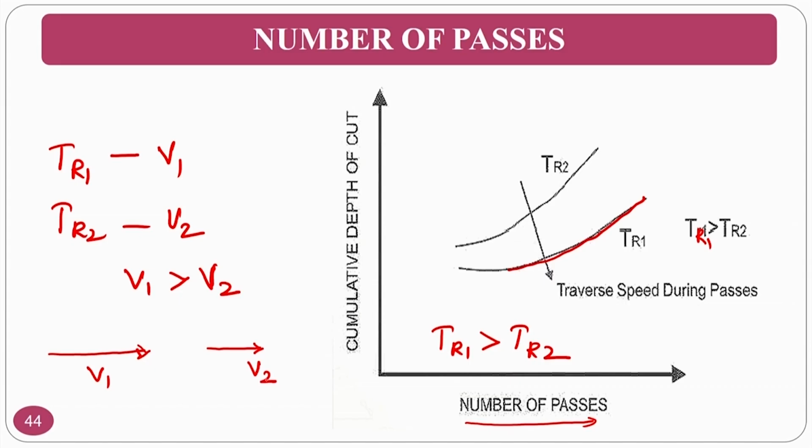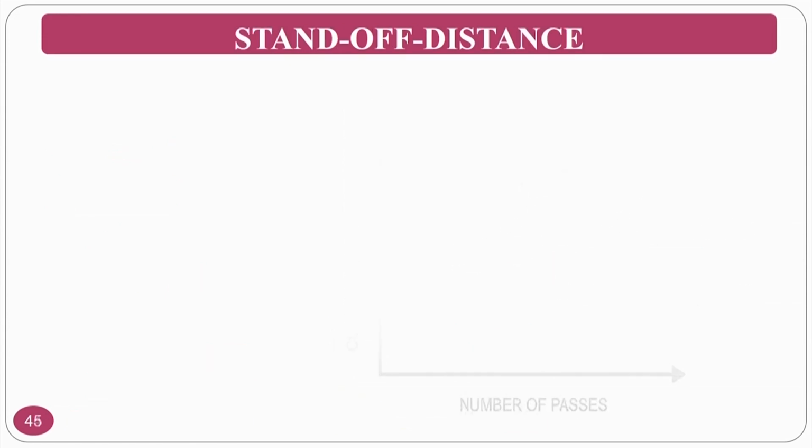Because of this, in this condition there is insufficient time to cut the material compared to V2. That is why TR2 will give you more material removal in terms of depth of cut.